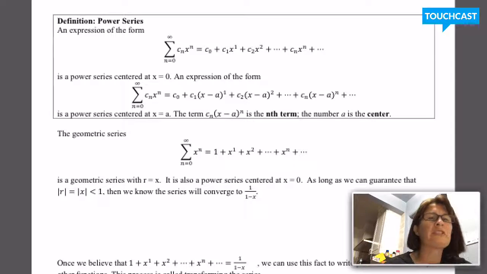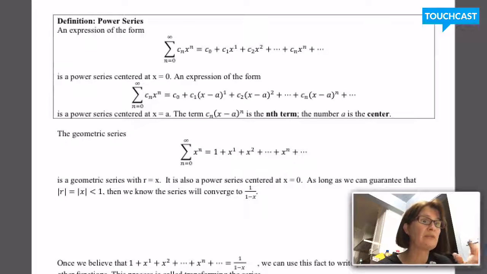All right, so a couple of definitions here we'll squeeze into this video. A power series is a series, so the sum of a bunch of expressions, a bunch of the terms in a sequence, right?